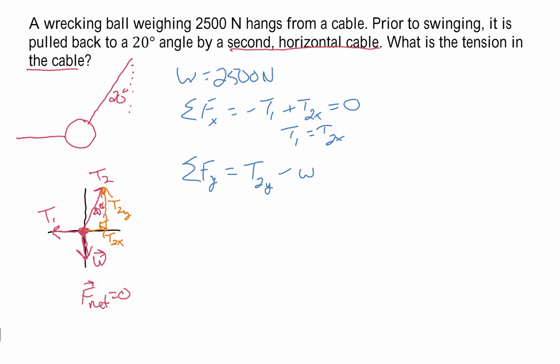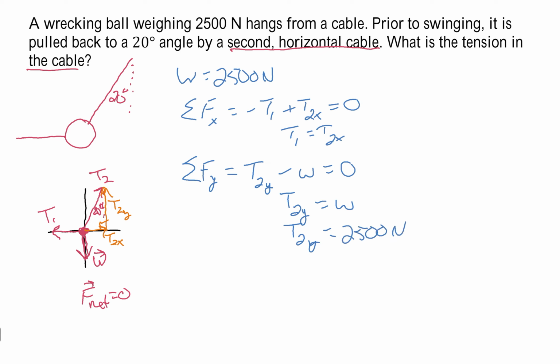So that will equal 0 because the ball is not moving, so there is no acceleration. And again, we can solve this, and we have T2y equals the weight. But we know what the weight is up here. The weight is 2,500 newtons. So that means T2y equals 2,500 newtons.